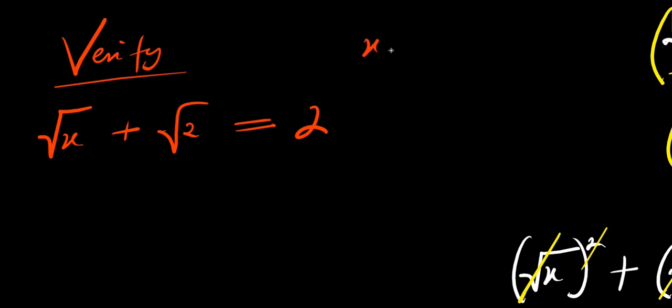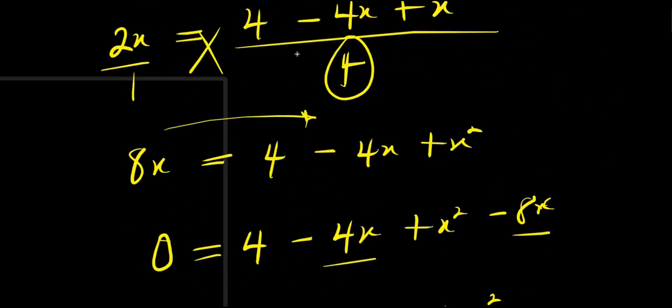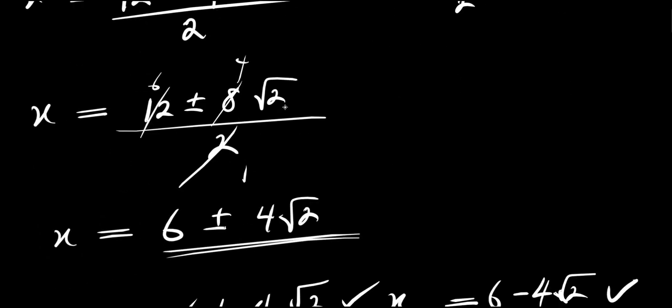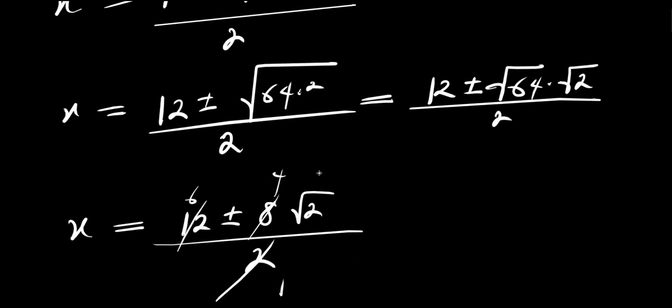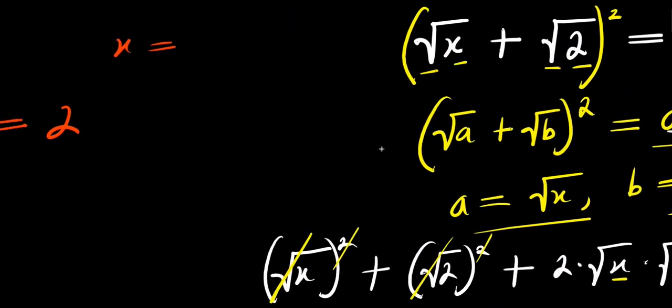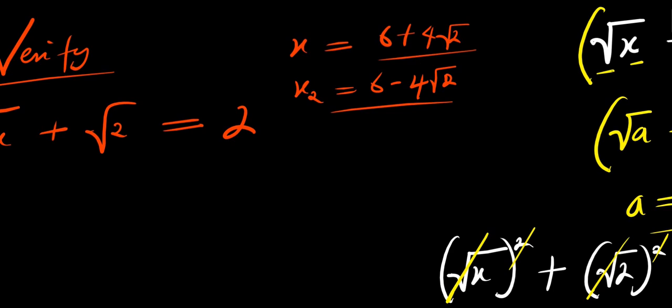And our x is, here the first one, 6 plus 4 root 2, and x2 equals 6 minus 4 root 2. So these are the two values for x.